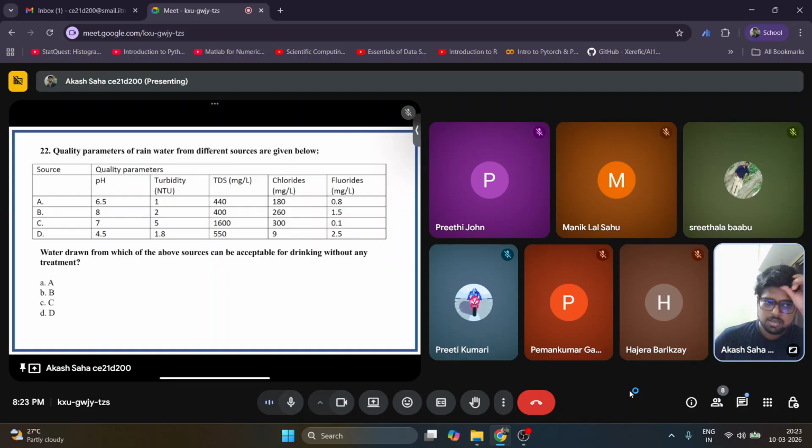Turbidity should be less than 5 NTU if there is no alternate source, otherwise it should be 1 NTU. TDS should be less than 500, but if no other source is available, then 2000. For chloride, it is 250 and 1000 if there is no alternate source. For fluoride, it should be 1 to 1.5, and 1.5 if there is no alternate source. So option A is the right answer.